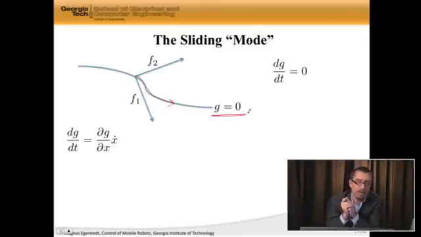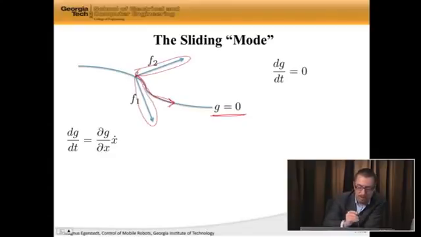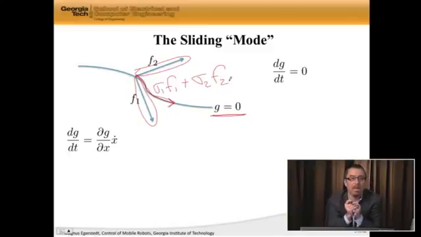dg dt is equal to dg dx times x dot. So now, what is x dot along here? Well, what I'm going to postulate is that it's a combination of F2 and F1. In fact, let's say that it's equal to sigma 1 times F1 plus sigma 2 times F2. So it's a convex combination of these two vector fields.